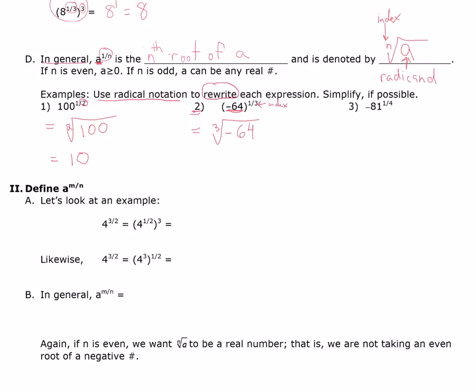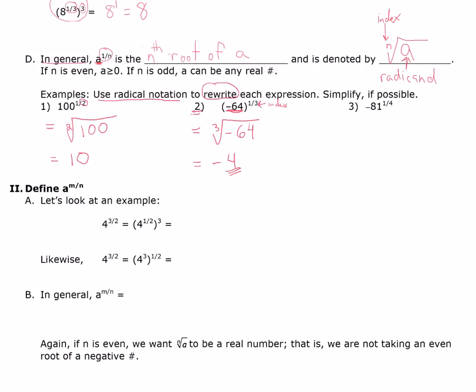So we have the cube root of negative 64. What raised to the 3rd power will give you negative 64? That's just negative 4, because negative 4 times negative 4 times negative 4 gives you negative 64.